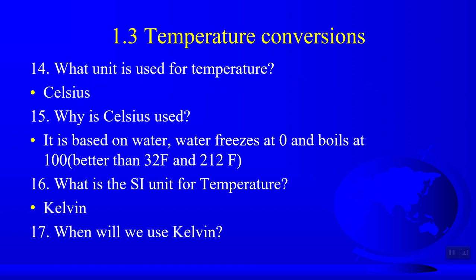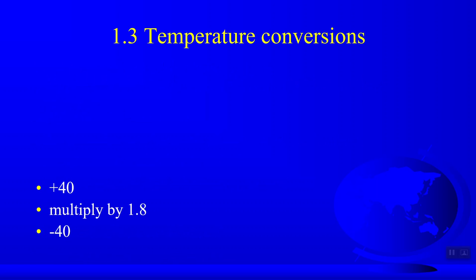But in the Kelvin scale, you cannot go below 0. 0 means no energy. It's called absolute 0 or absolute temperature. Because Kelvin does not have any negative numbers, it'll be very useful to us to deal with Kelvin when we deal with the gas laws.